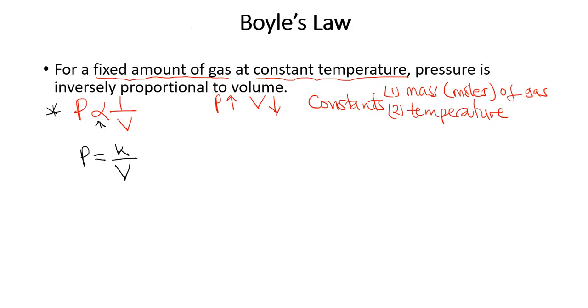Or if we multiply both sides by V, so we cancel here, we have PV is equal to a constant. Now that is the statement of Boyle's law.